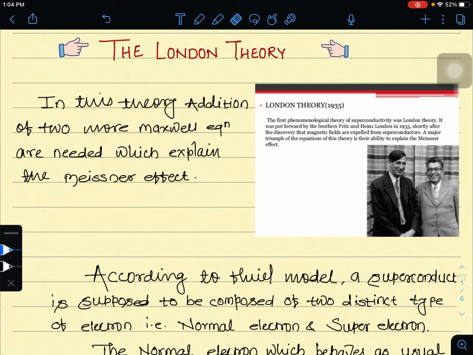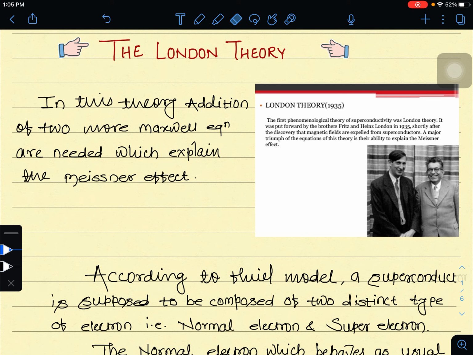This is our CMP lecture series. For the last 4 lectures we have been discussing the semiconductor. In 1911, superconductivity was first introduced by H.K. Onnes, the name of the scientist.